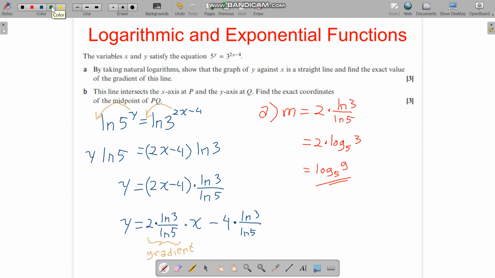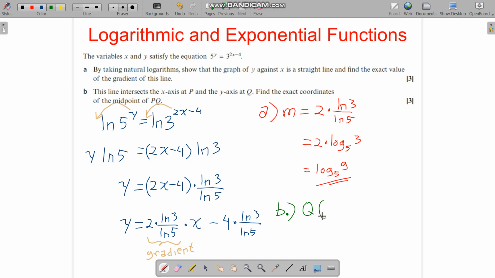Part B, the line intersects the x-axis at P and the y-axis at Q. Find the exact coordinates of the midpoint of PQ. So for B, to find the Q, that's pretty simple. The Q is the y-intercept.